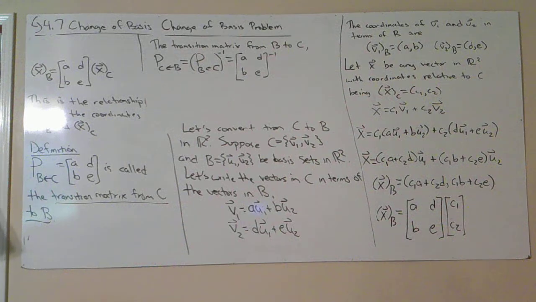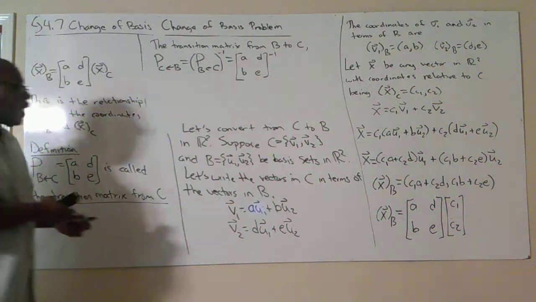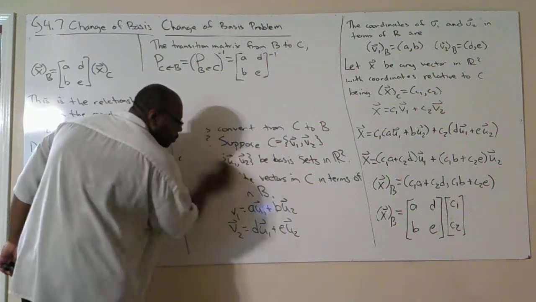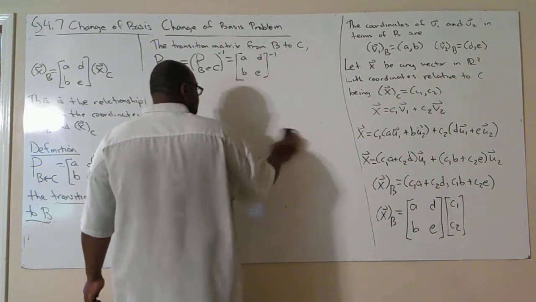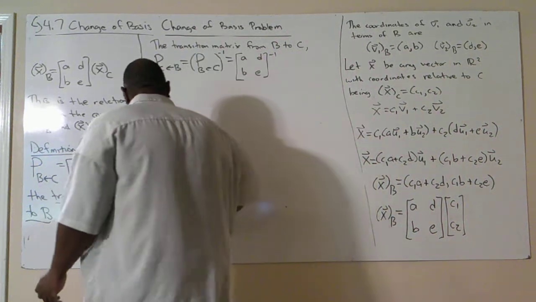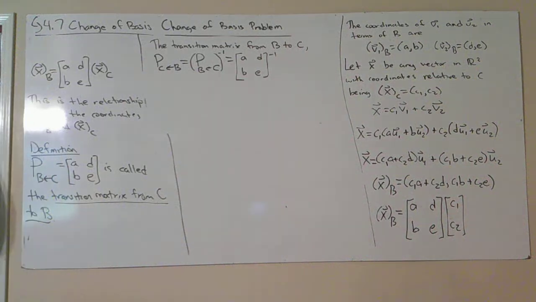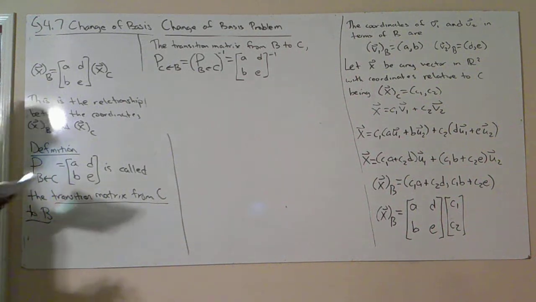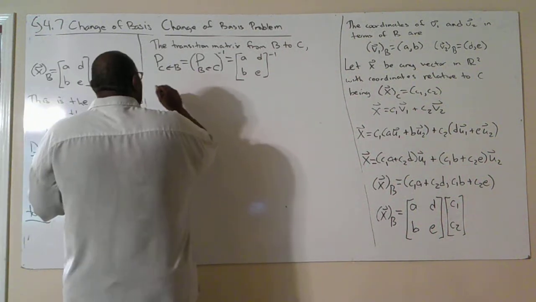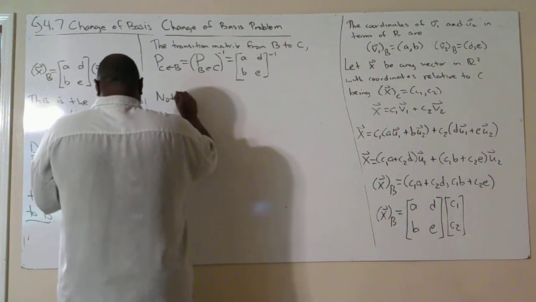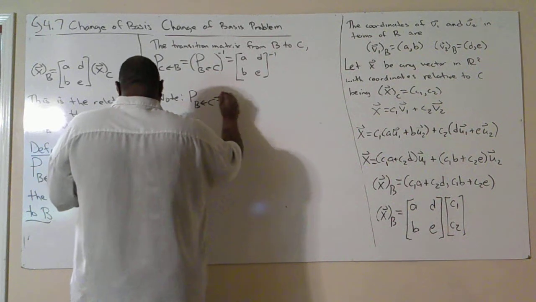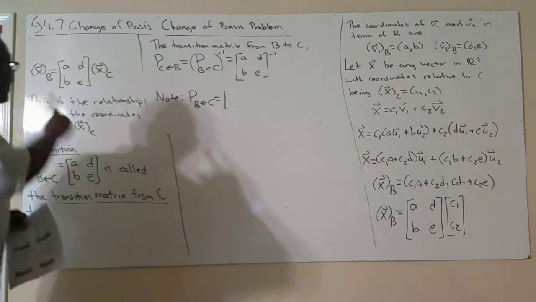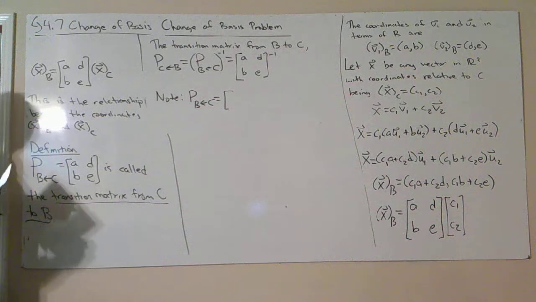I hope you guys got the idea behind the change of basis and what we're doing there. But I have a little note. Let me erase this first. Note: the transition matrix from C to B is really equal to, when you look at it, just the coordinate vectors right here.